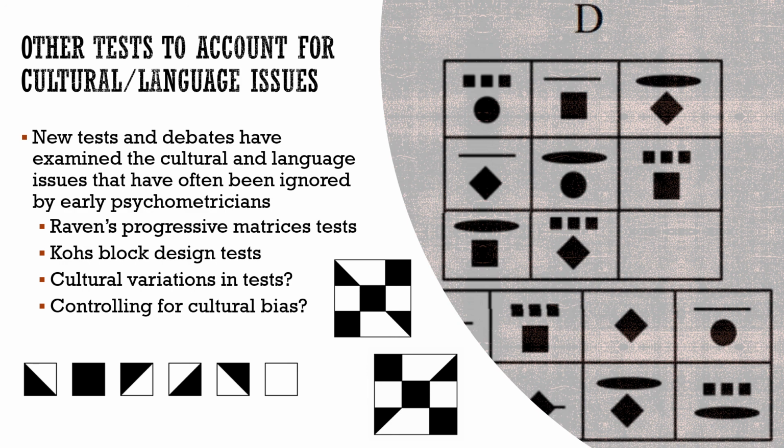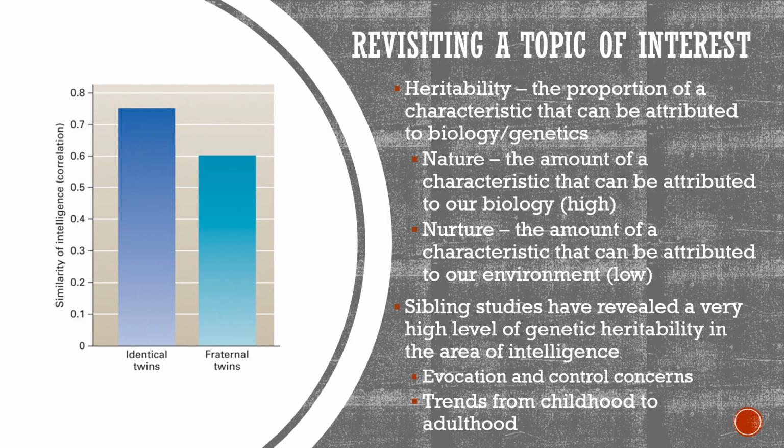And all of this, again, has pushed lots of people to continue trying to find ways to devise new tests that are less culturally biased, less problematic when we use these for predictive purposes. And in all honesty, it's still an evolving process that will probably continue to evolve for decades to come.